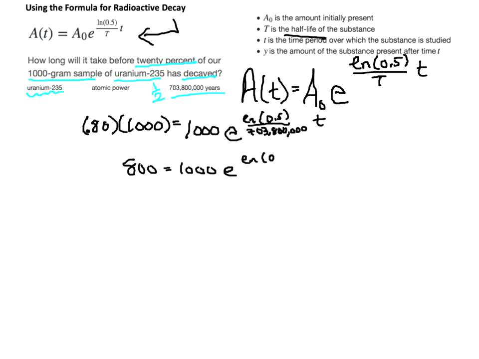800 equals 1,000 times E to the ln of 0.5 divided by 703,800,000 times T. I'm going to divide both sides by 1,000 to isolate my exponential expression.